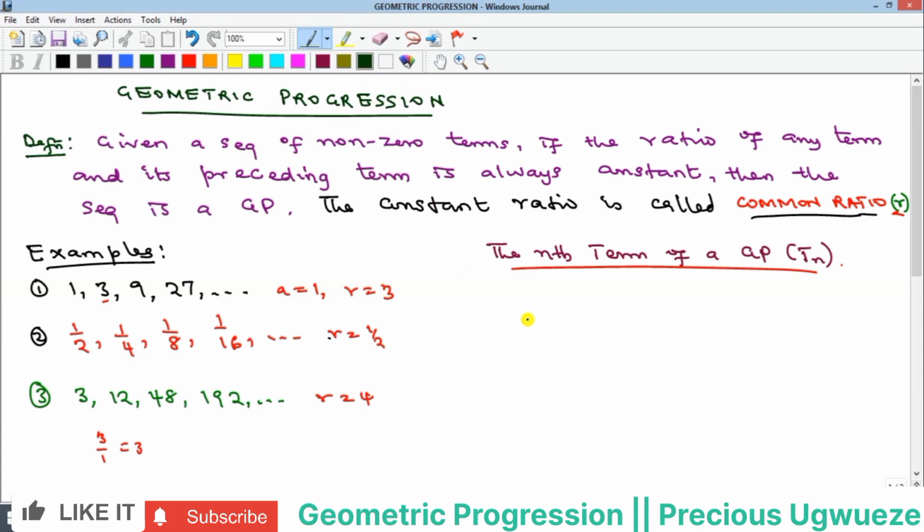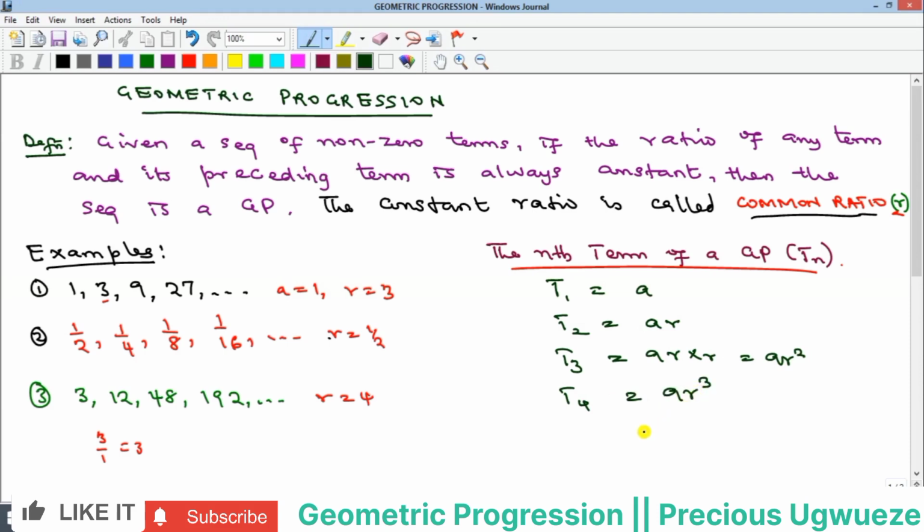Now you would see that, like I said, in a GP you have the first term, T1, being equal to a, and the second term is equal to a times the common ratio, and the third term is equal to a times r, the second term times the common ratio, and that's going to give you ar squared. And you see that the fourth term will be ar raised to power 3.